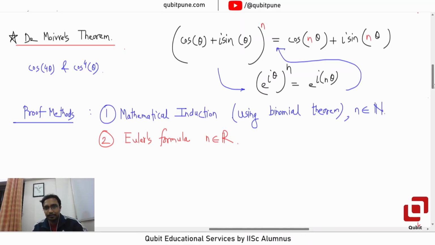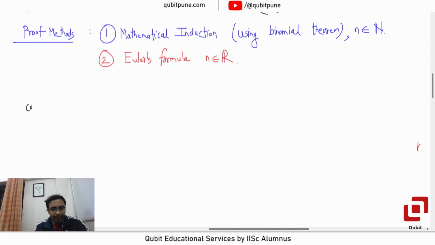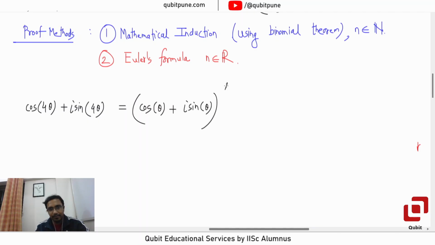Look, I'm going to first consider cos 4 theta plus i sin 4 theta. Using Euler's formula or de Moivre's theorem, I can write it as cos theta plus i sin theta raised to 4. And now I can apply the binomial theorem. So what will it be?